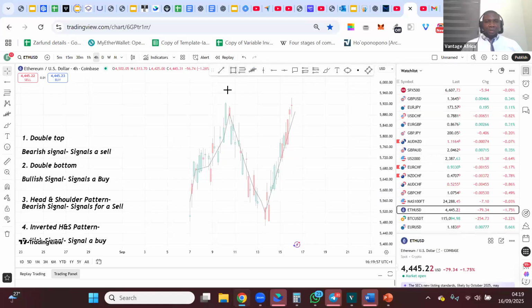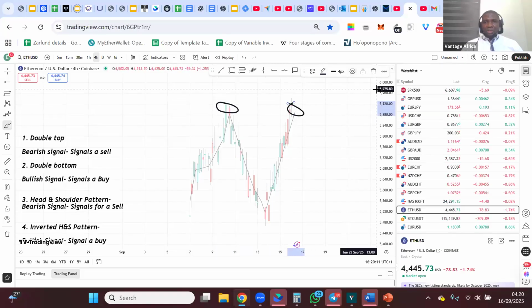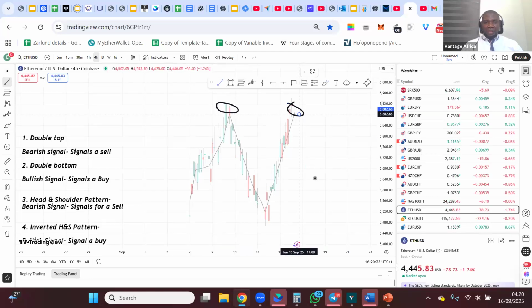You see this area here? Price gets to this top and reversed initially, right? Now, suddenly, when price gets to this area again, you start to see it getting ready for a reversal again, in which case you are expecting to see price move down this way, like this.